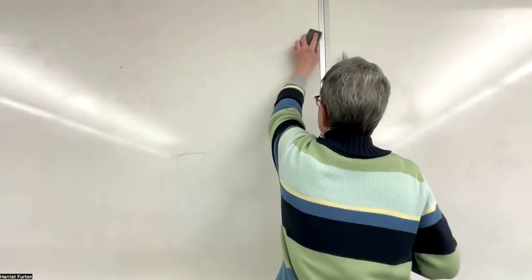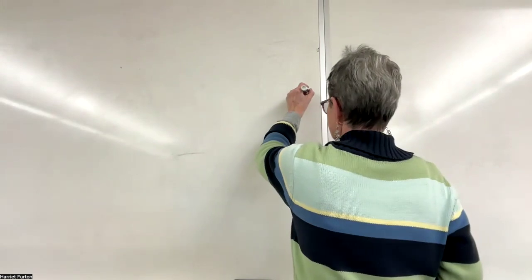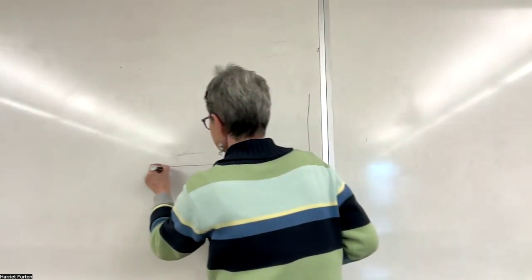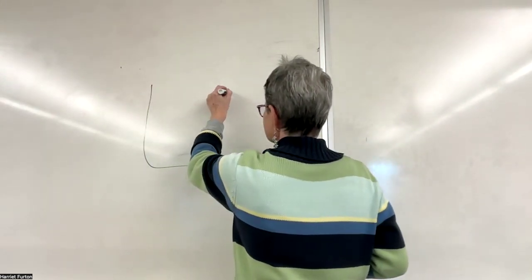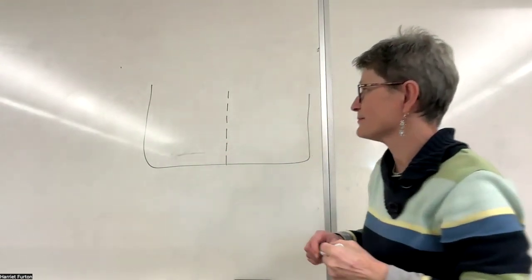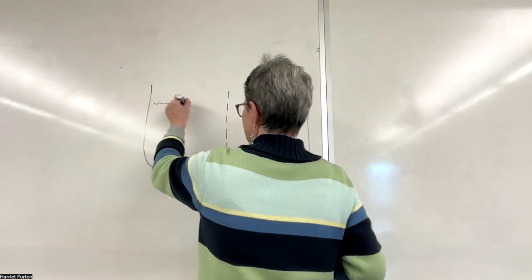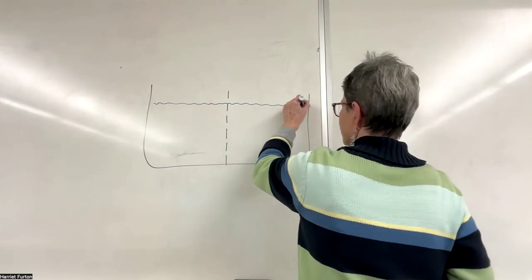Okay, so let's take a tank that has a semi-permeable membrane separating the water between the tanks. So this is water in here.